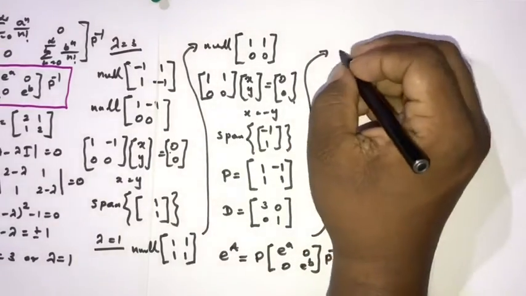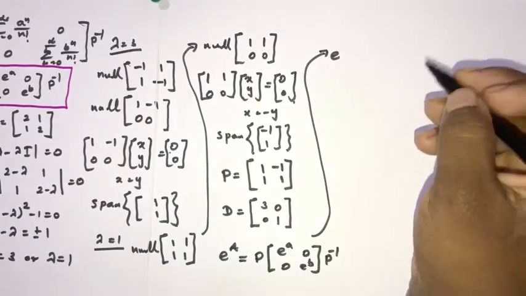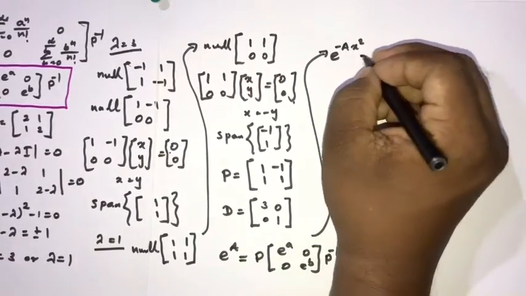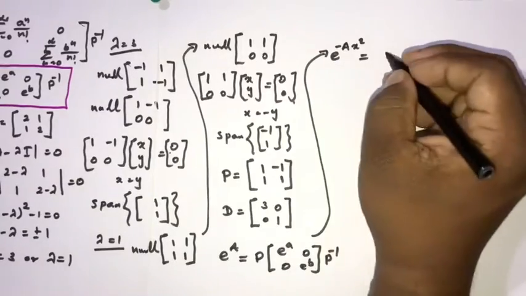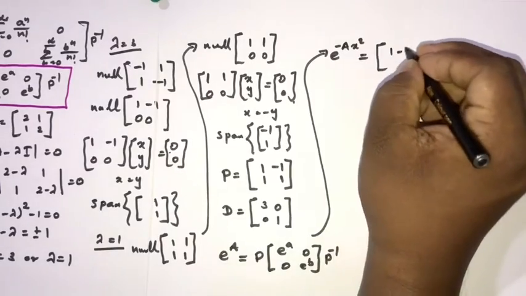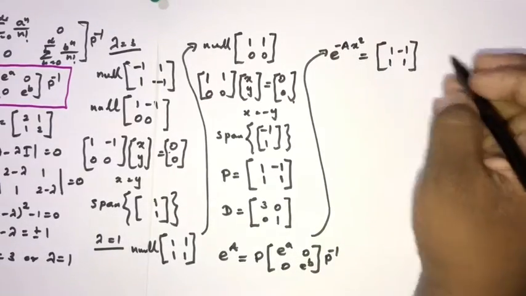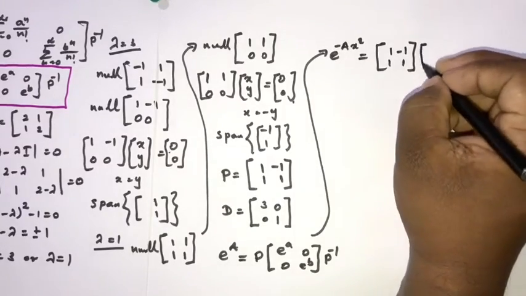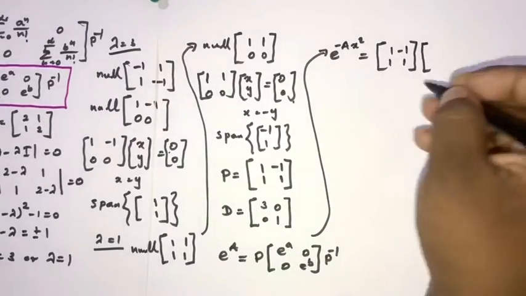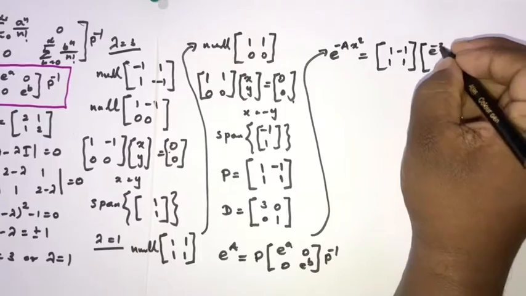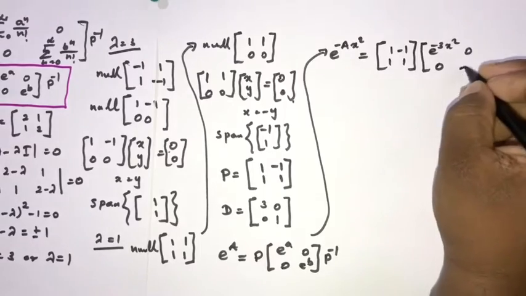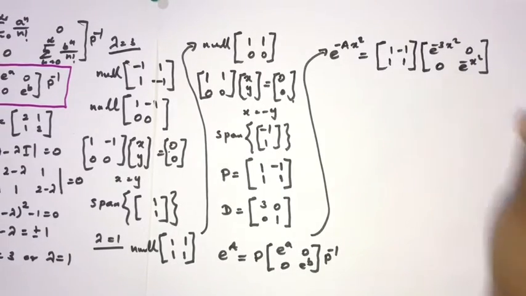Then we can write here, now we need e to the minus A times x squared. So e to the minus A times x squared is equal to P, we know P is [[1, -1], [1, 1]], and D, we know here we have e to the A, so 3 and minus x, so we can write [[e to the minus 3x squared, 0], [0, e to the minus x squared]] times P inverse.